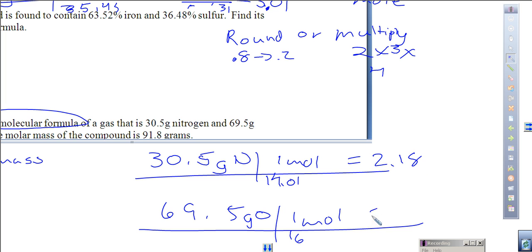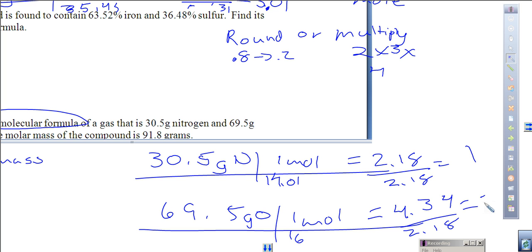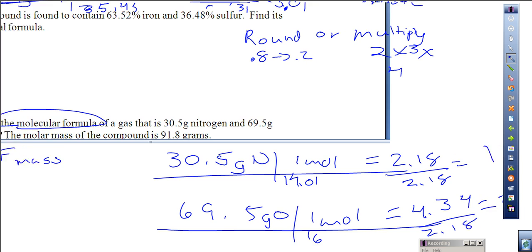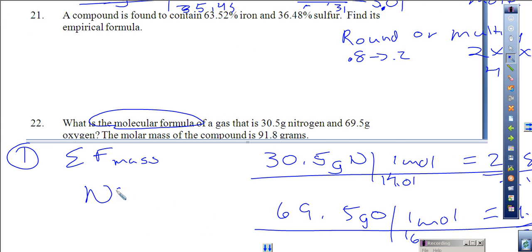All right, and then what's 69.5 divided by 16? 4.34. All right, so which one of these guys is lower? The first one, right? So we're going to divide both of these guys by 2.18. This obviously becomes 1. What does this guy become? So it roughly becomes what? 2, right? Not 4, 2. So our formula becomes NO2.